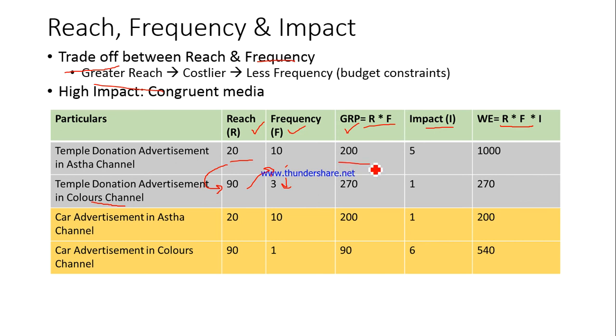Now the gross rating points in the first case are 200, and in the second case 270. This is fine, right? So you can see that the gross rating points are almost equal.